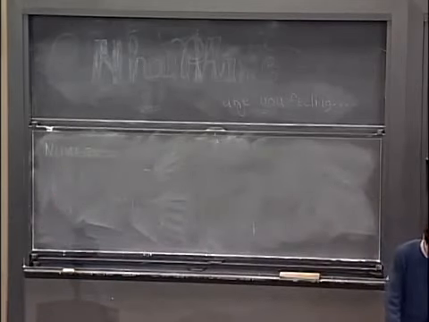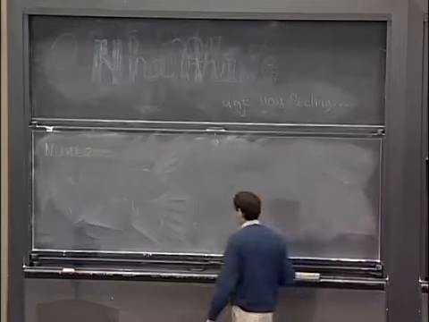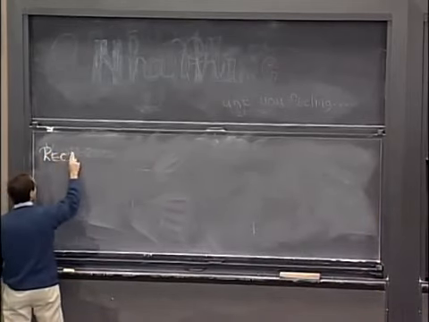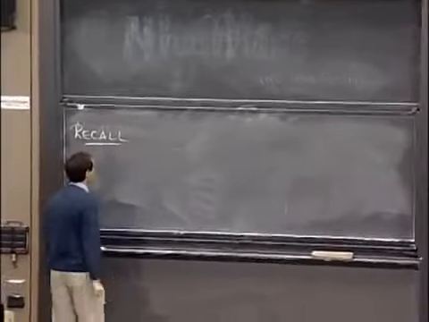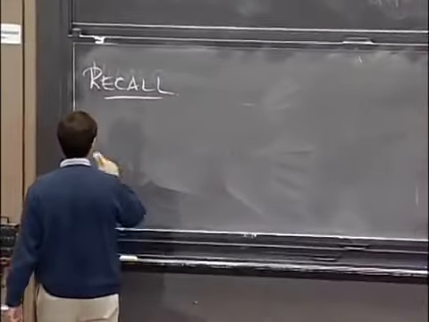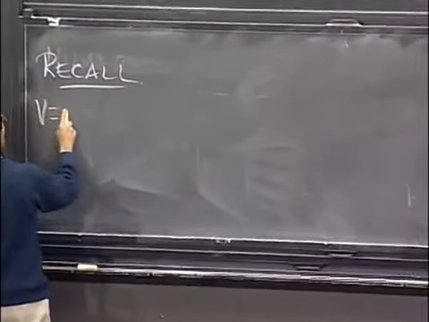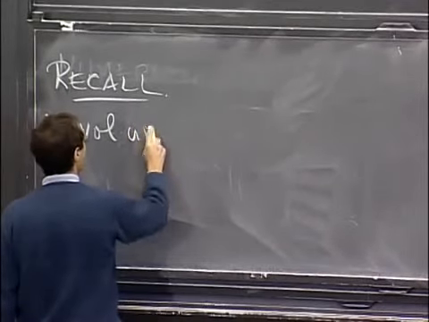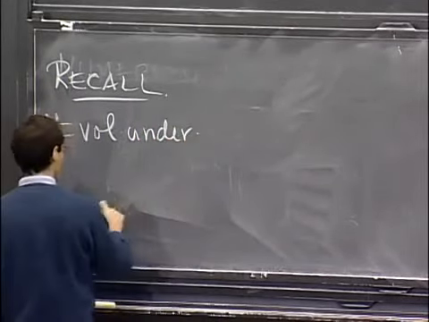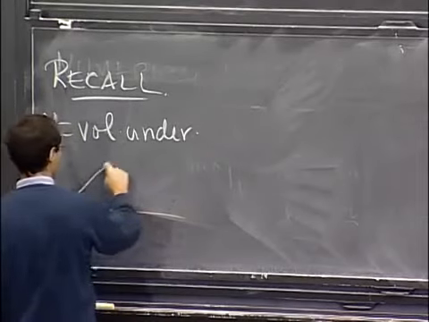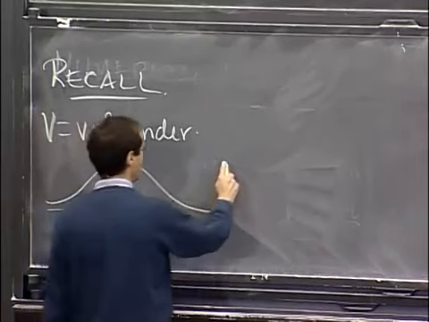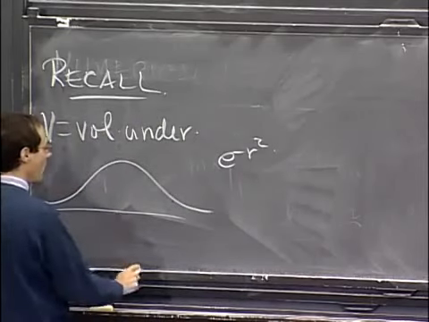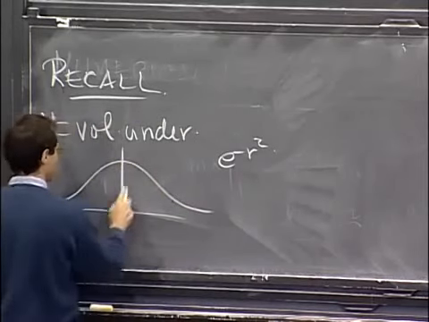or adding up. So the first step, which is just something that we already did, was that we found the volume under this curve, this bell-shaped curve, e to the minus r squared, but rotated around an axis.